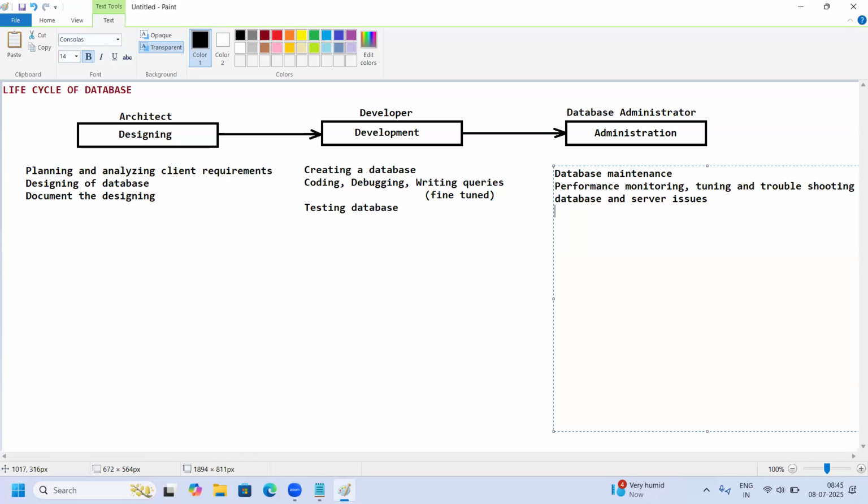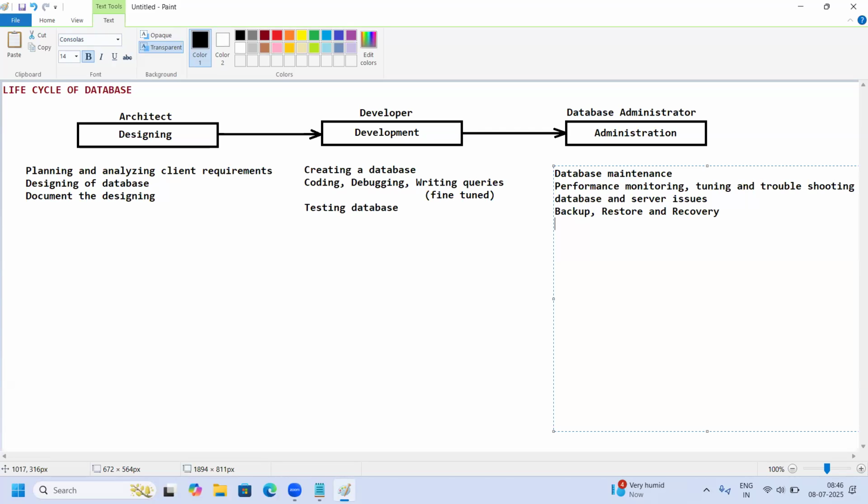If any issue arises at the database, server, or client, these are the things the database administrator will take care of. And he is also the one who handles backup, restore, and recovery. This is also one main responsibility of the administrator: backup of database, restore of database, recovery of database.